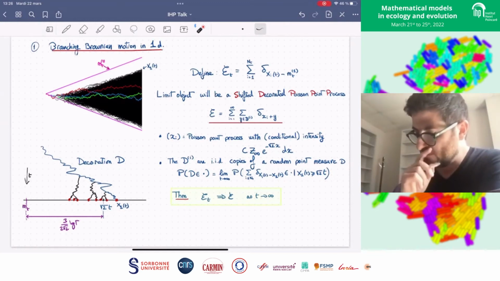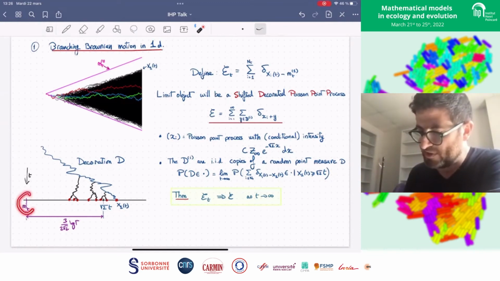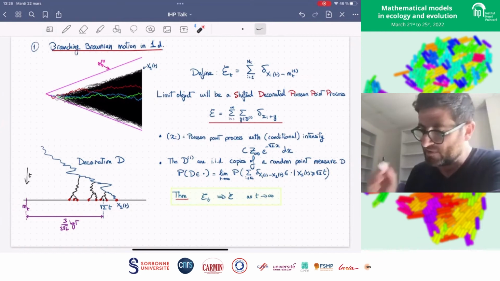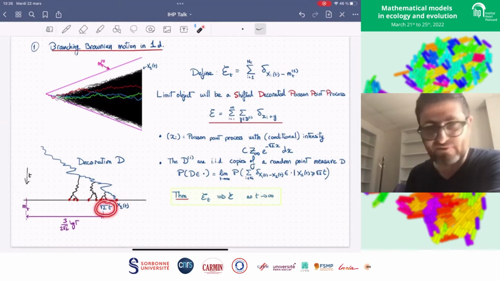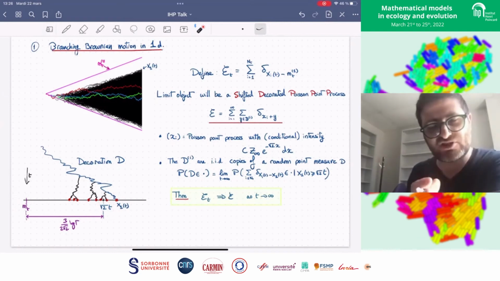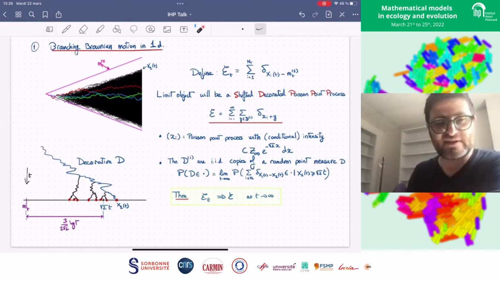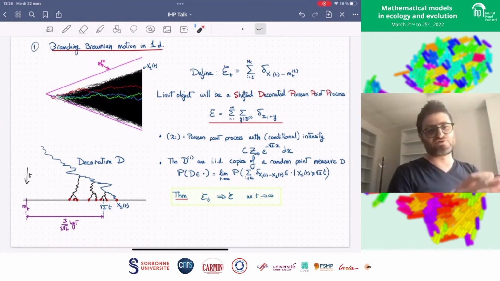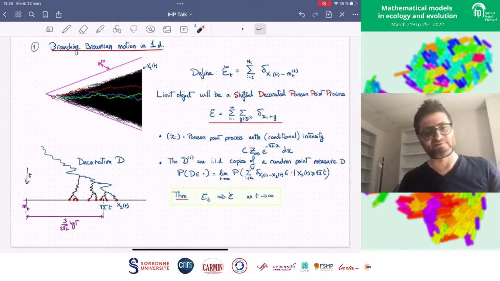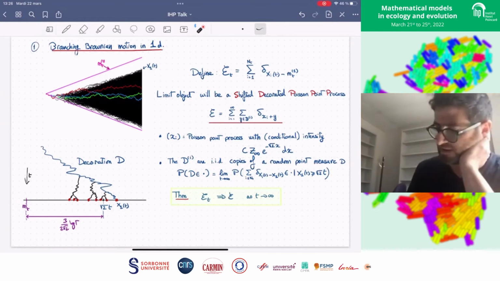Remember, your rightmost particle wants to be around position M_t, which is √2 t minus 3/2√2 log t. But now I'm going to condition on the event that the rightmost particle is actually to the right of √2 t. That means the maximum displacement is 3/2√2 log t units of distance too much to the right. So it's a large displacement, not that large, but it's large.